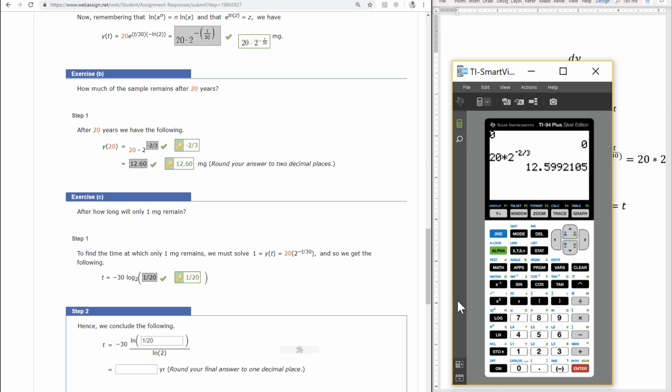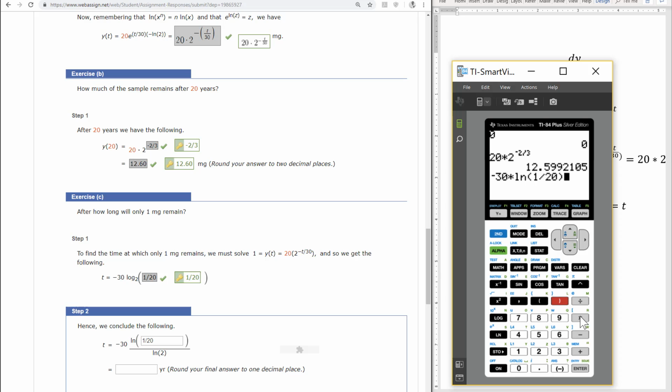So back with our calculators, we have a minus 30 times, and here we have a fraction, but since you're multiplying and dividing, it's all the same. So the ln is this button over here, the ln of 1 divided by 20.